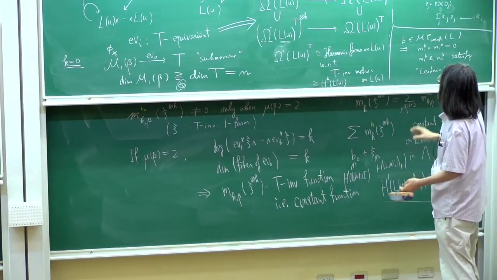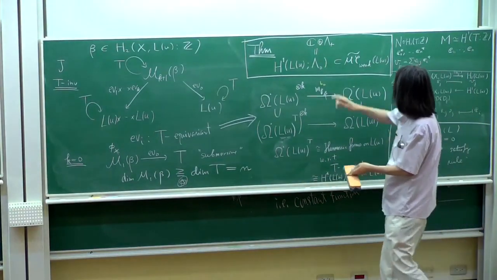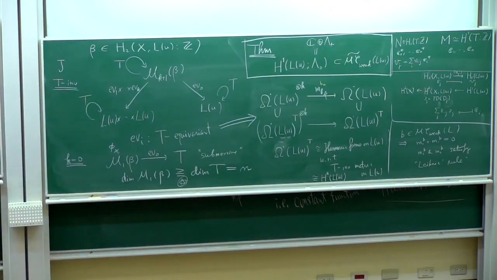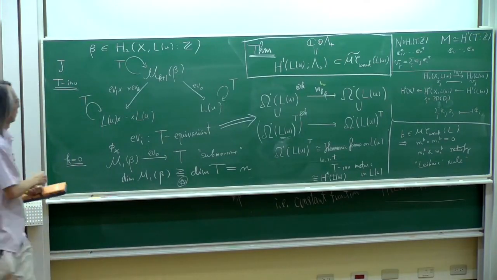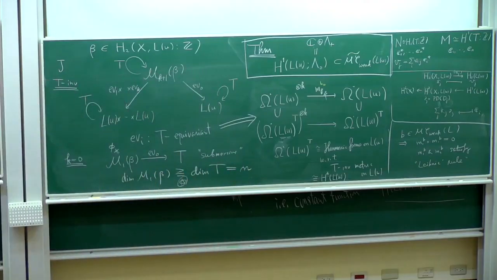But it may be better to say that this should be modded out by 2 pi square root minus 1 Z. So maybe Theorem prime.